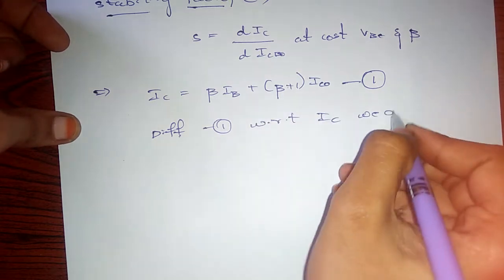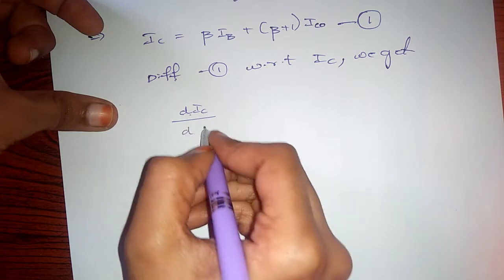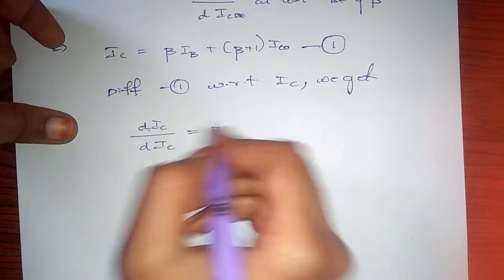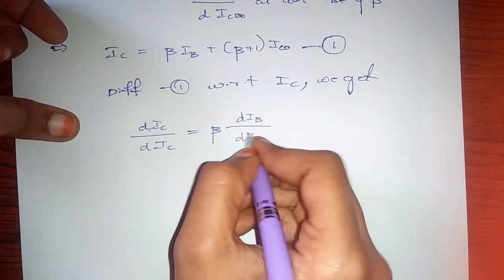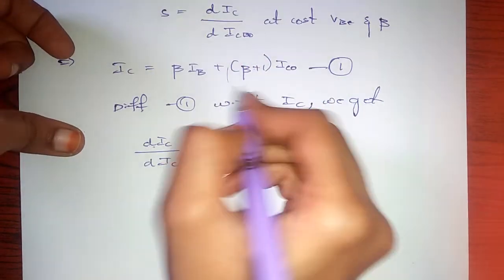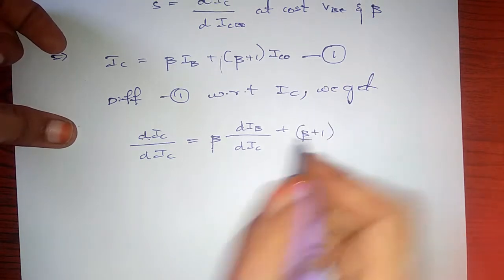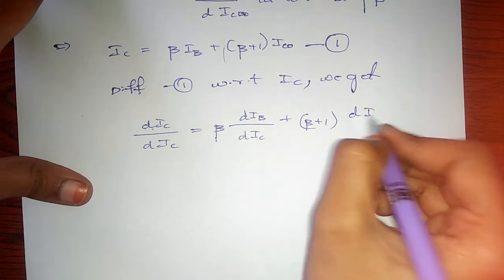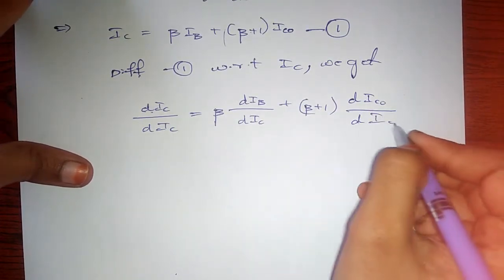Then we get dIC by dIC equal to beta, which is a constant, so take it out, times dIB by dIC, plus the whole term beta plus 1, which is a constant, so take it out, times dICBO by dIC.